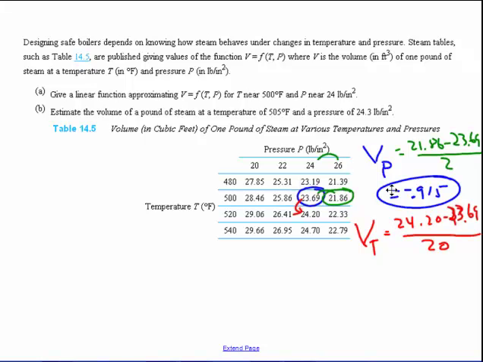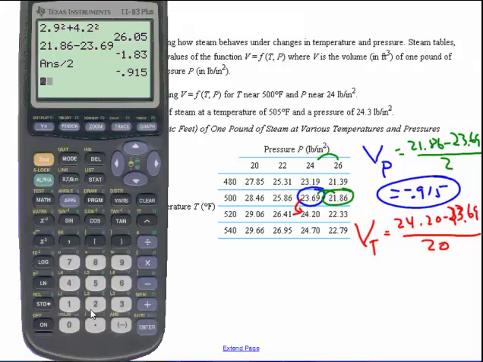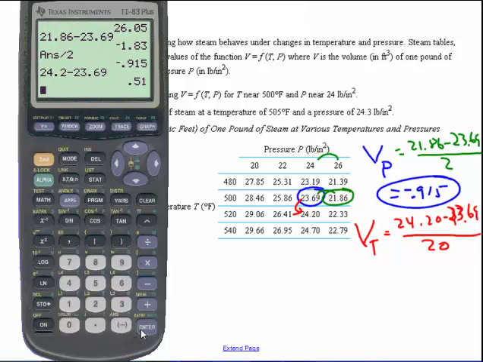So a change in temperature increases the volume. And just to get an actual value for that, we have 24.2. So we got 0.0255.